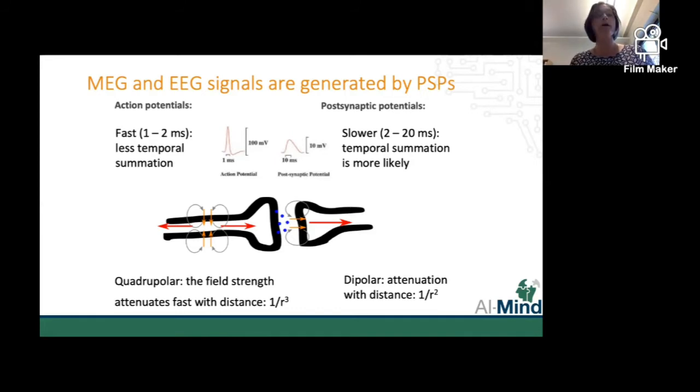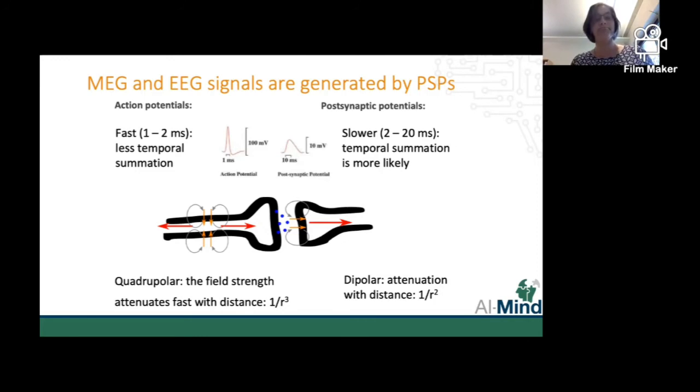They last about 1 to 2 milliseconds. So the probability of these currents summing up at the same time is much lower. So there will be less temporal summation of the signal. Whereas the postsynaptic potentials, even if they are of smaller amplitude, are slower, so their temporal summation is more likely.